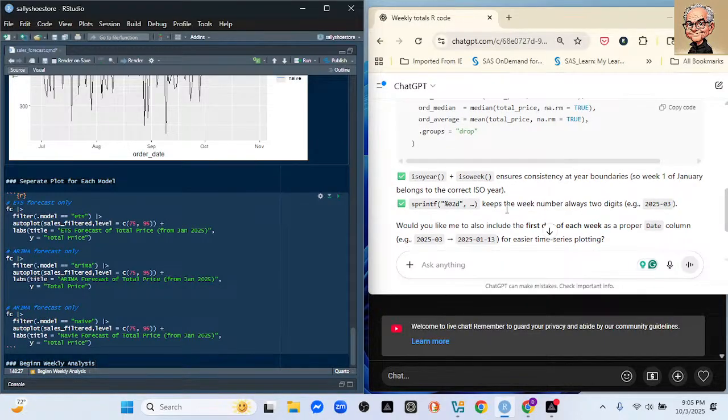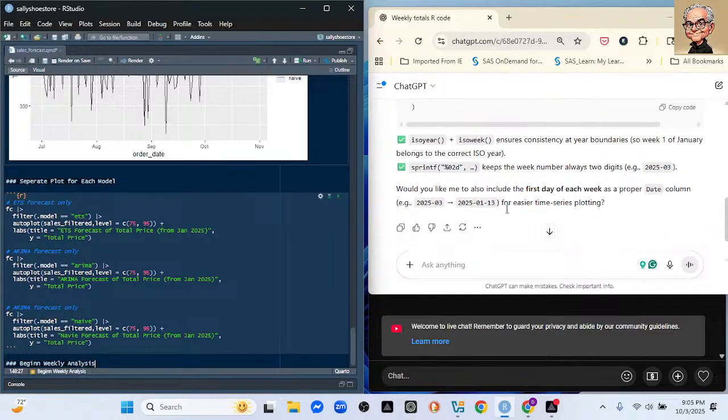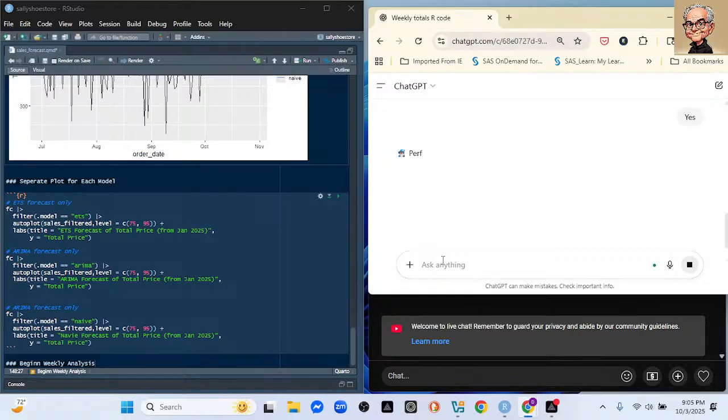Sprintf keeps the week numbers always at 2 digits. Okay, would you like to include the first day of each week as a proper date column? Yes.